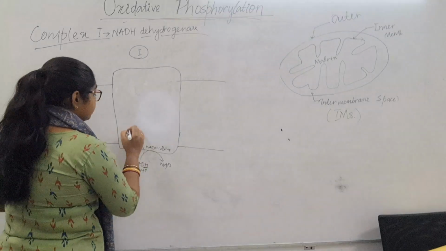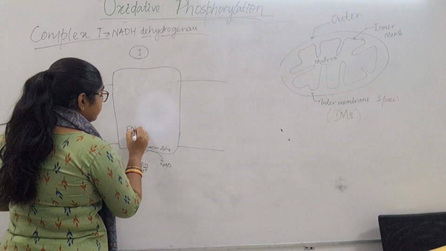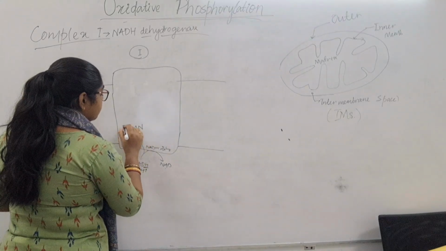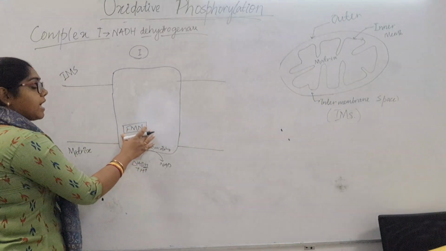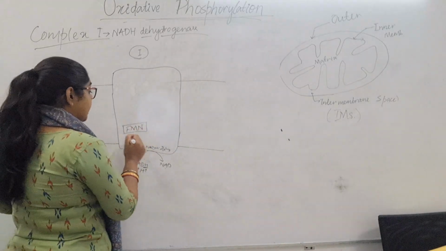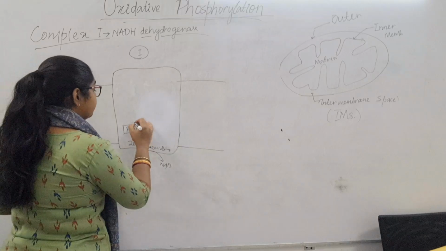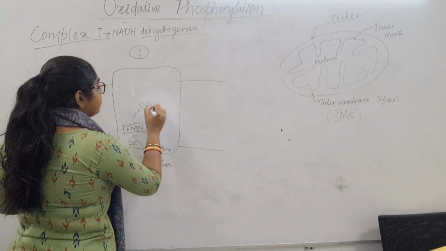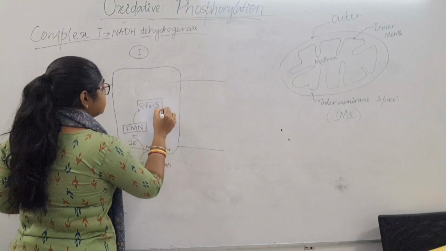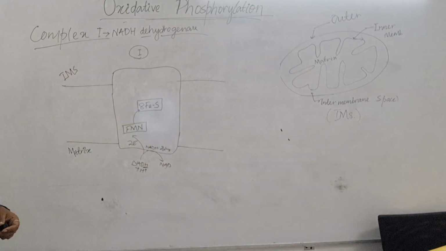Then this electron will pass to FMN, flavin mononucleotide. Again this flavin mononucleotide will pass the electron to the 8 iron sulfur complex.